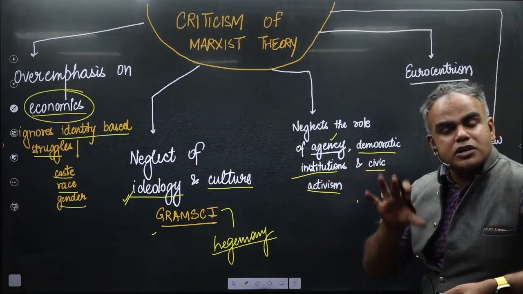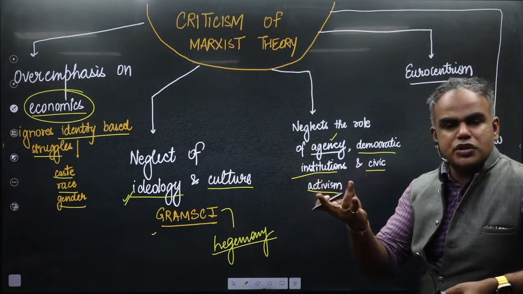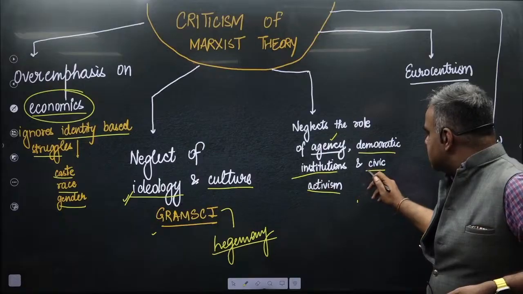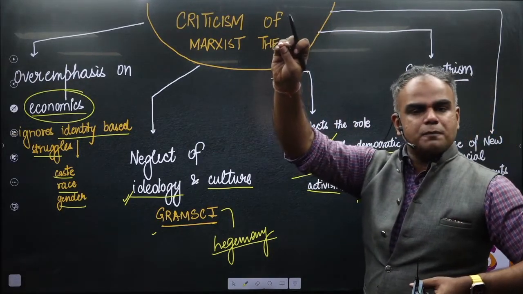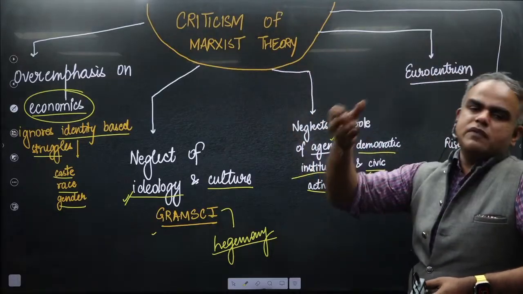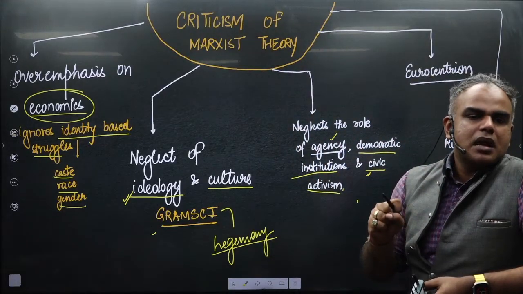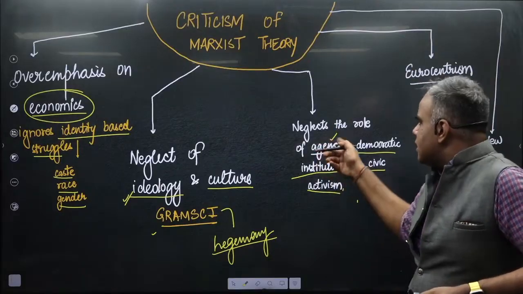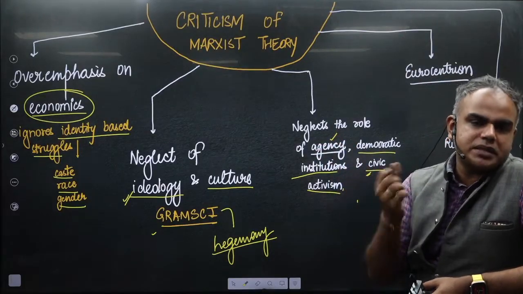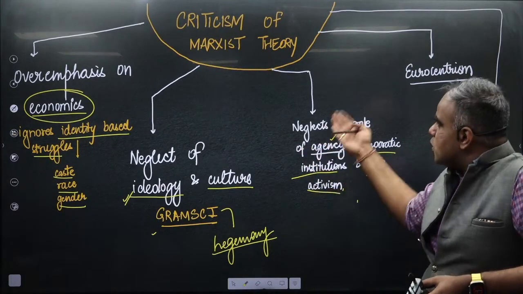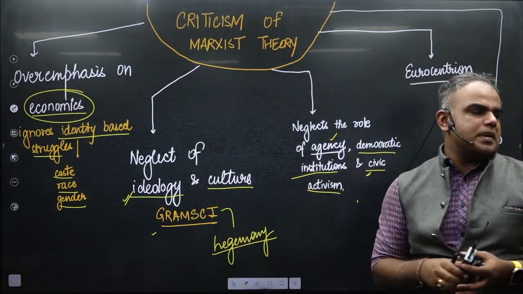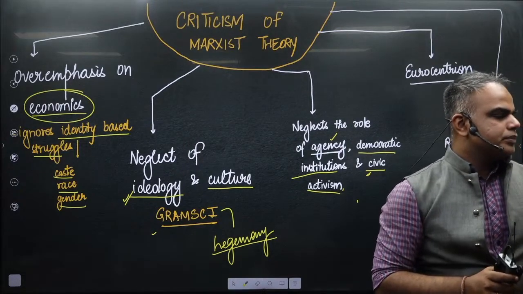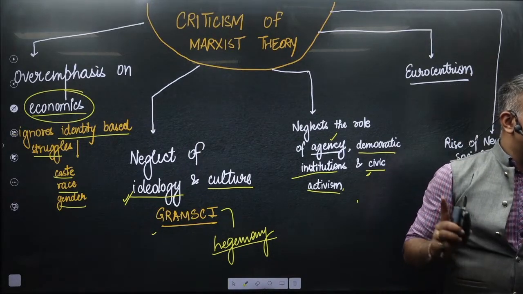There are also other institutions, even like judiciary, even media, and even civic activism, the people. Here everything is state, and state is only viewed from one particular lens or angle, and there is no agency given to the state. So here, what is the state? It is simply a puppet, which is also a criticism that it fails to explain the other avenues that are happening in place. Okay, write down two things.